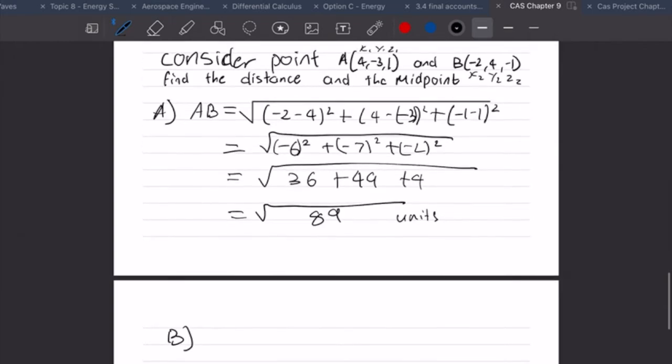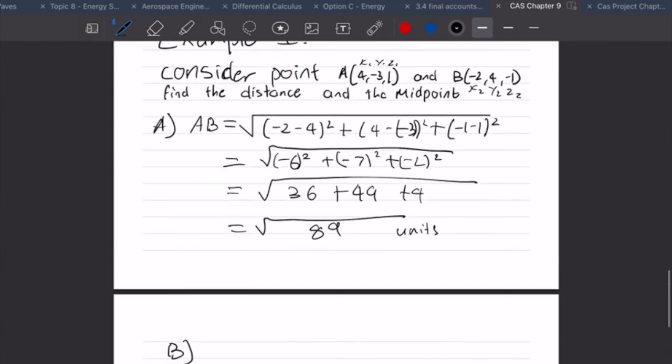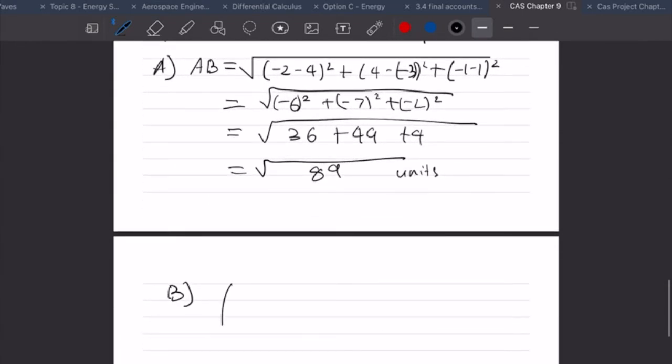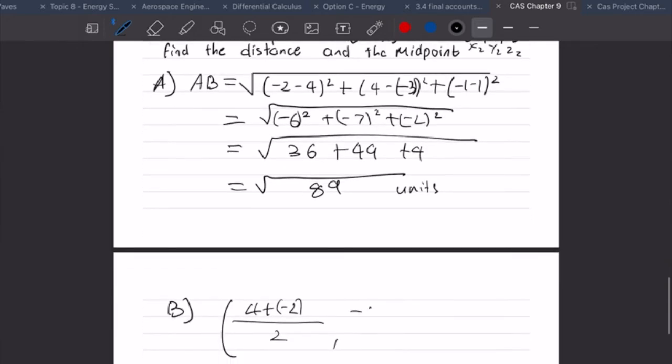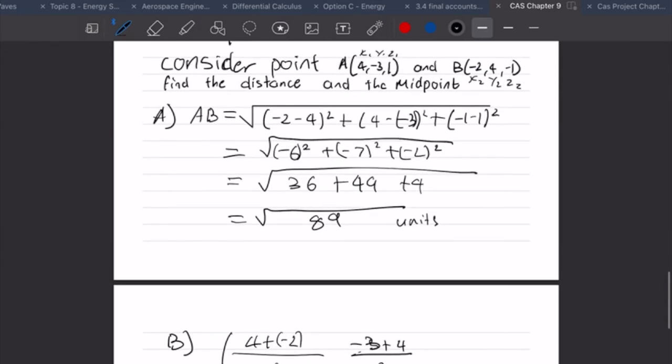And to find the midpoint, we'll use the second formula. So x1 plus x2, so 4 plus minus 2 over 2, comma, minus 3 plus 4 over 2, comma, 1 plus minus 1 over 2.